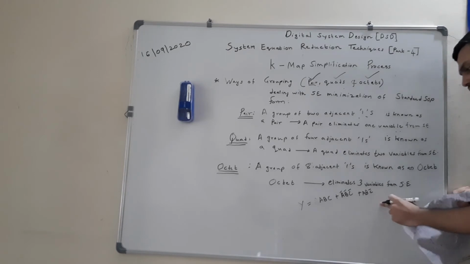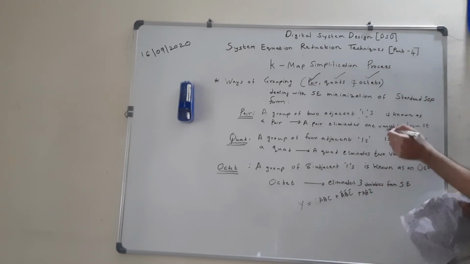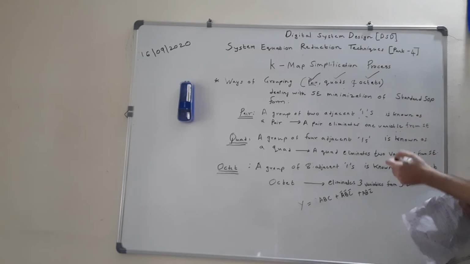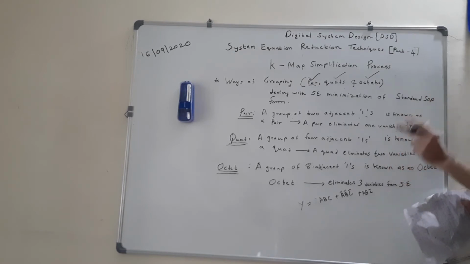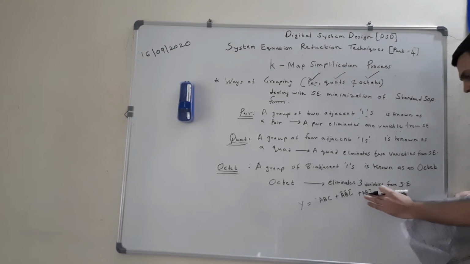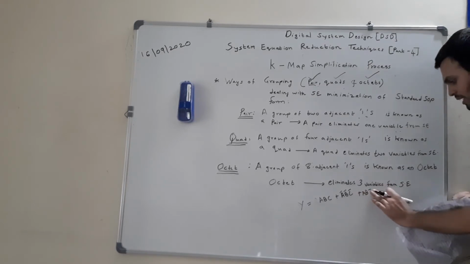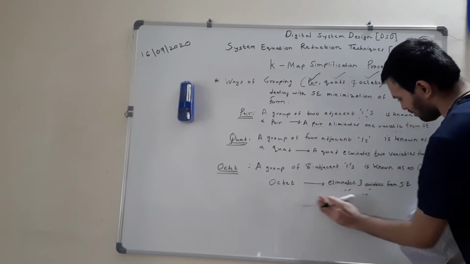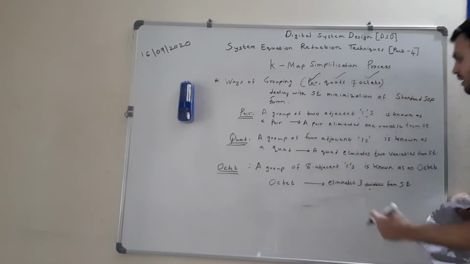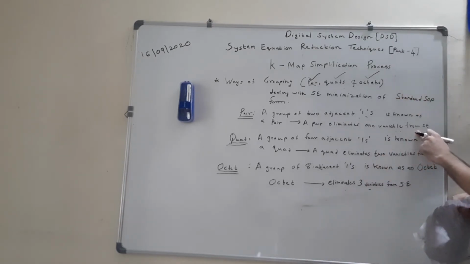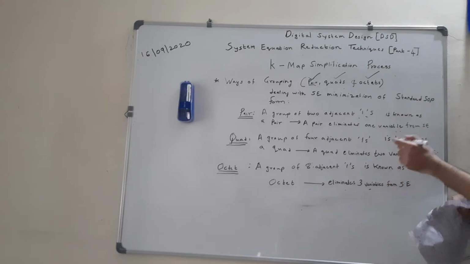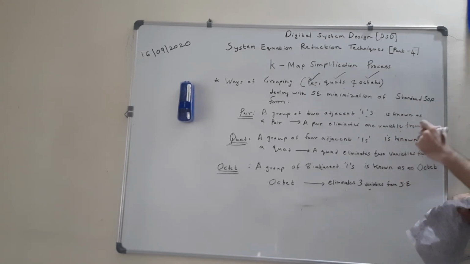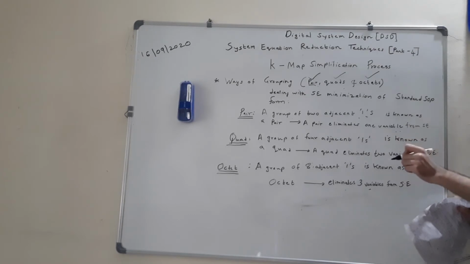But if I draw the K-map and do certain analysis, and I find that 2 ones are adjacent to each other, and then I can form a group out of it, a pair out of it, then I can eliminate a variable from this. So I will explain to you later on, but just for the time being, remember that a pair eliminates one variable from the system equation. So one variable will be eliminated when you group 2 adjacent ones in the form of a pair.